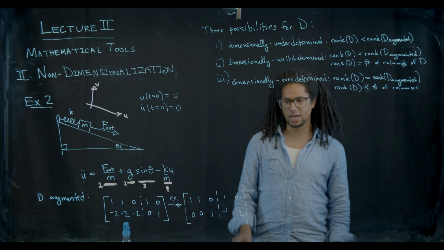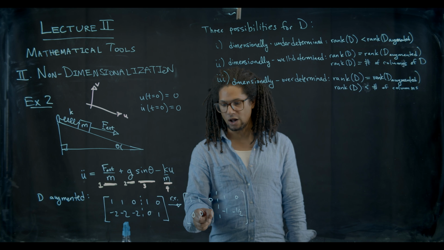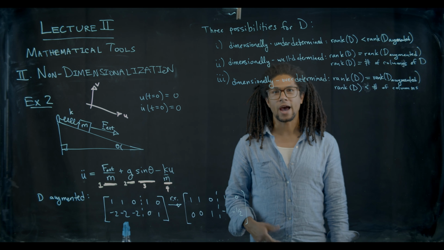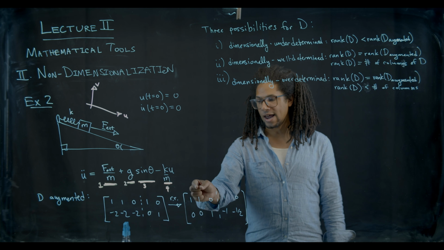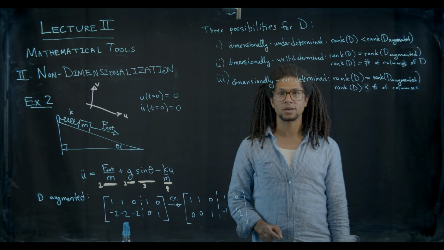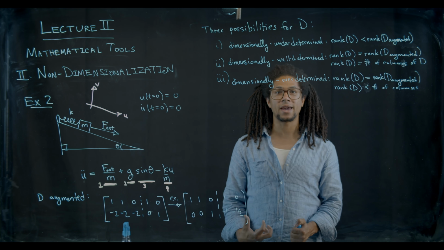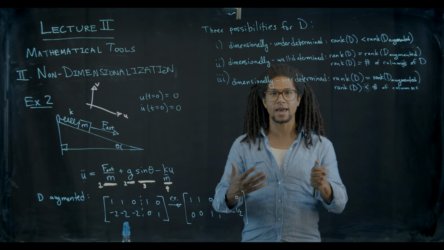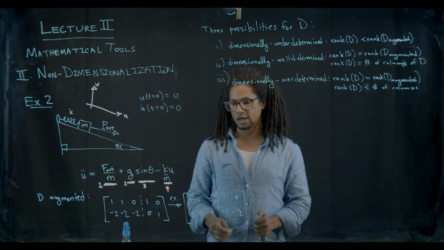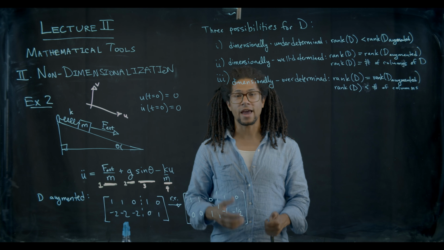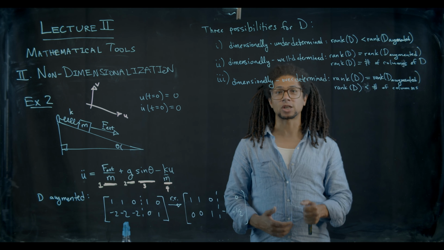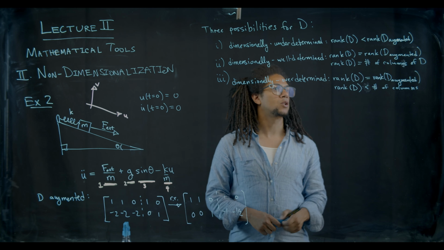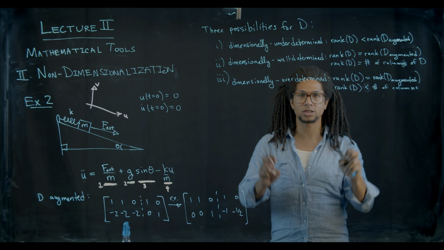All right, so in this case, the rank is 2, but the number of columns of D is 3. And that exactly means that we had 1 spare constant. For instance, if we chose to make L ref using g, then F external over m ended up as a spare constant. So in this case, we have constants to spare.